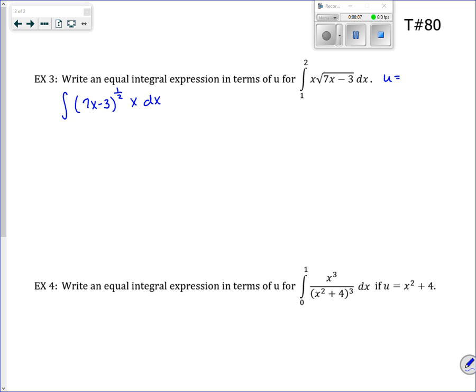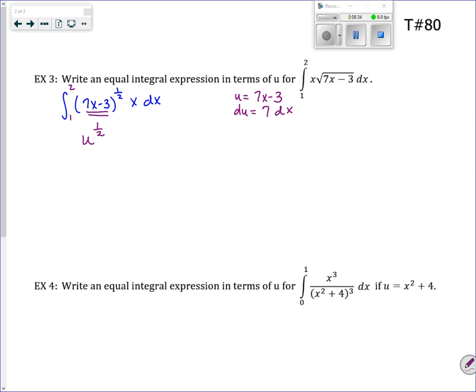So you're going to let your u be 7x minus 3. So du would be equal to 7 dx, yes? Okay. And this was from 1 to 2. So let me start doing the u substitution. Well, this is u, so u to the 1/2.